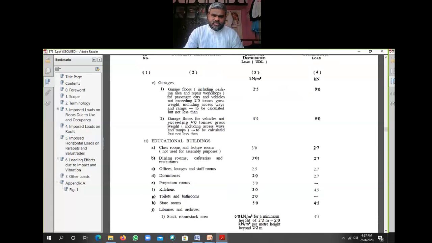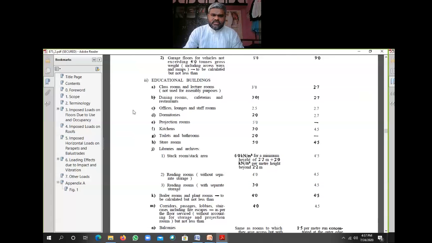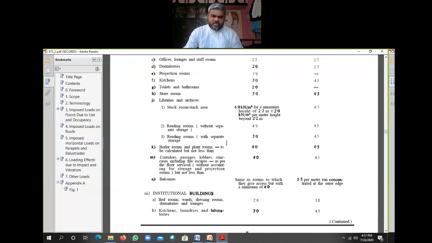Boiler rooms. See educational buildings, let us see. Classrooms, lecture rooms, dining rooms, cafeteria, office, lounges, staff rooms, dormitories, projection rooms, kitchens, toilets and bathrooms, storerooms, libraries, right? The library also has some categories mentioned: reading rooms, boiler rooms, corridors.